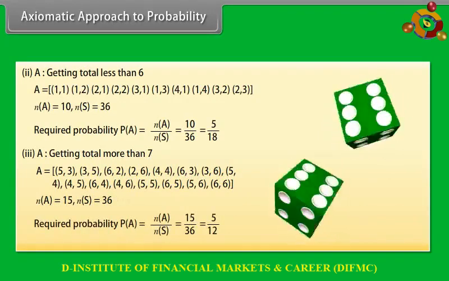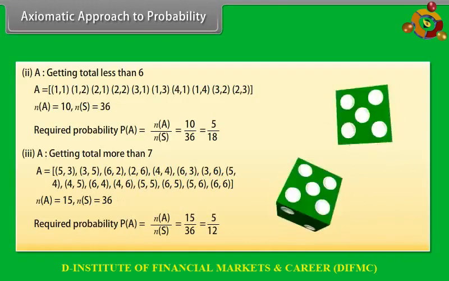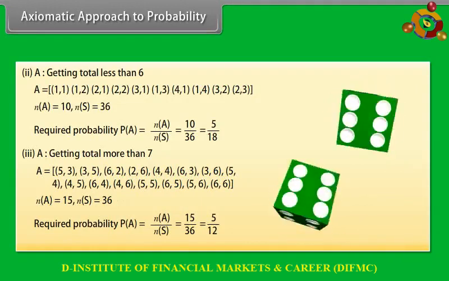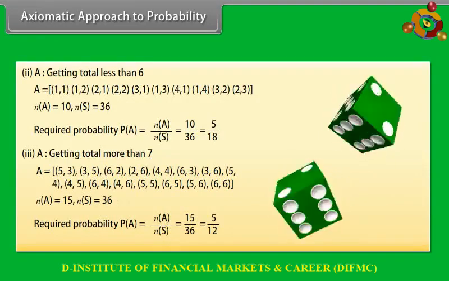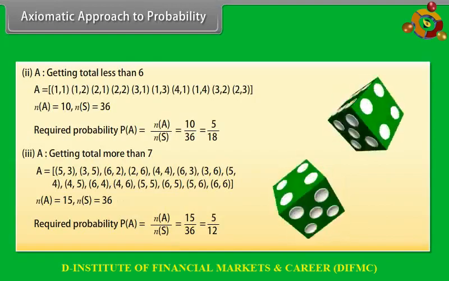Required probability P(A) is equal to n(A) by n(S) is equal to 15 by 36 is equal to 5 by 12.